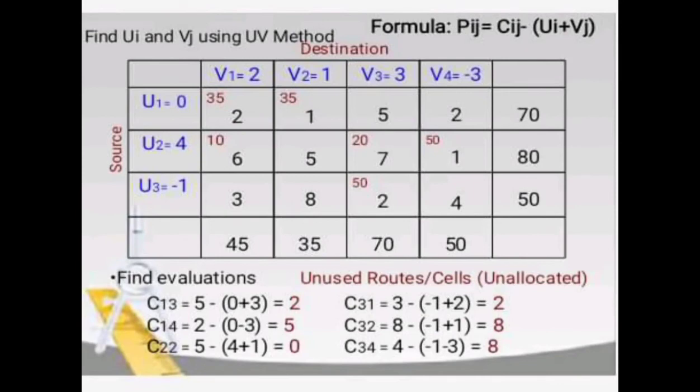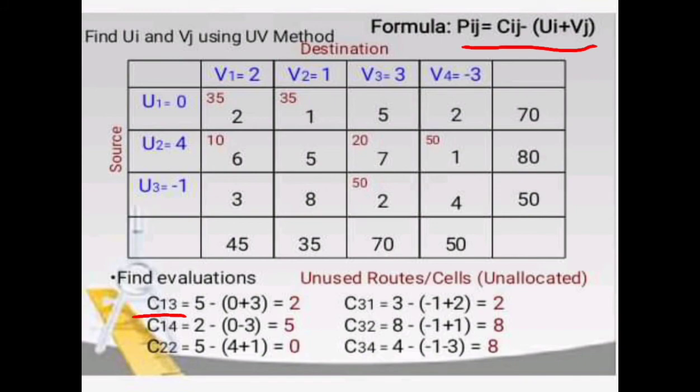Next is the unallocated. From the allocated cells, we then find the unallocated cells with the use of the formula P_ij equals C_ij minus U_i plus V_j. P_ij is the penalties of the rows and the columns, and C_ij is the allocated numbers.